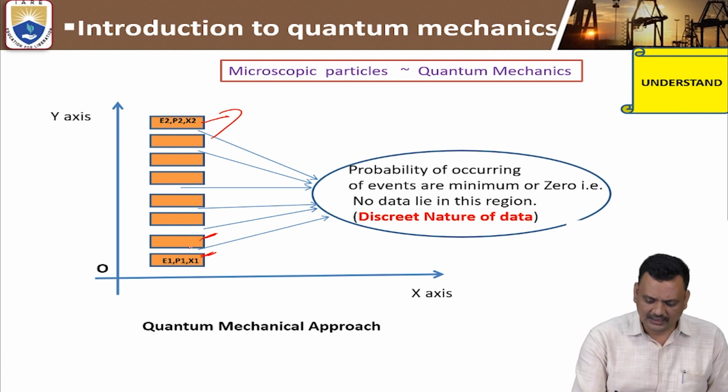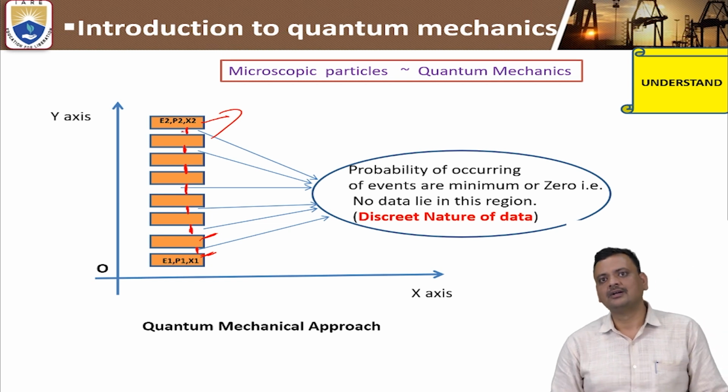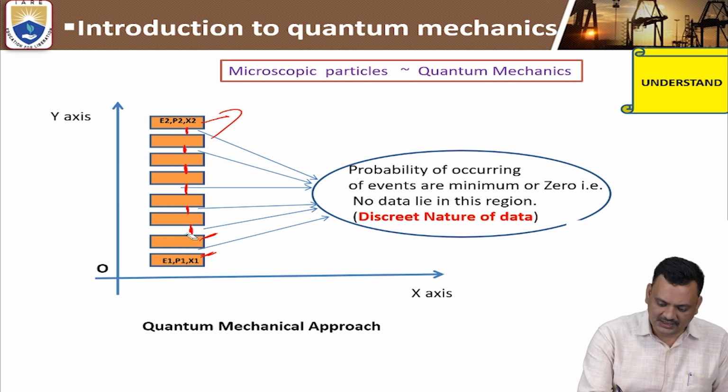No data can lie in between these two states. These states are forbidden. So this type of data is discrete data.